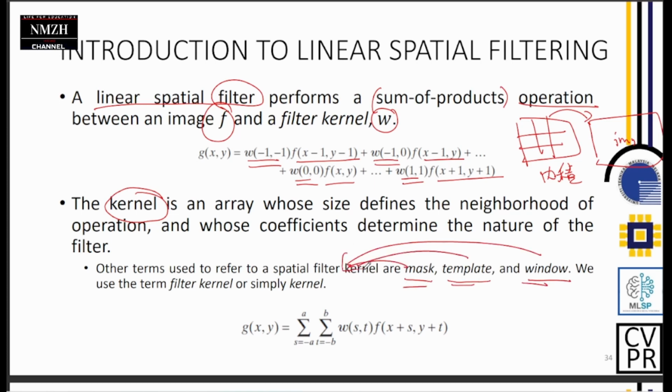But in this discussion, we will stick with filter kernel, or simply kernel. Reflecting to this omega, G is basically the output after we apply the kernel to the original image F, which is the input, in the general perspective.